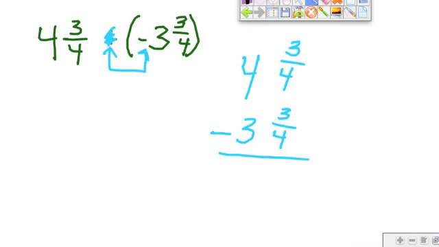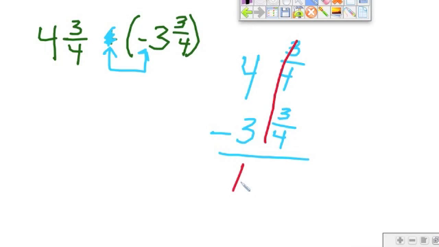Now, the next thing I want to look for, are my denominators the same? They are. So that means the denominator stays the same, and we go ahead and subtract. 3 take away 3 gives me 0. Oh, well, we can't have a 0 as a numerator, so when that happens, that whole thing just canceled out. It's gone. So we can actually just go, oops, cancels out. And then we have 4 take away 3, which just gives us 1.